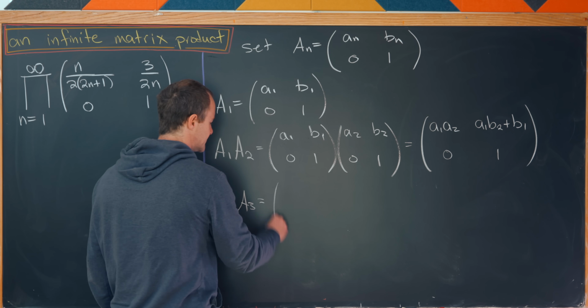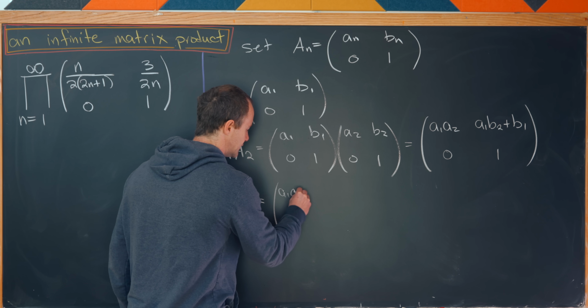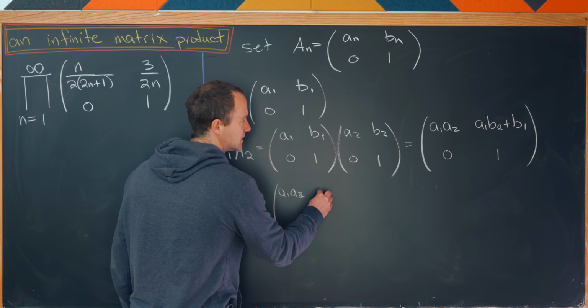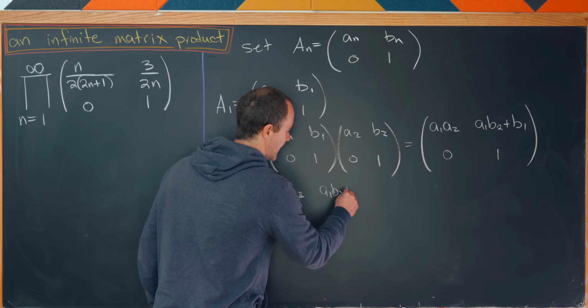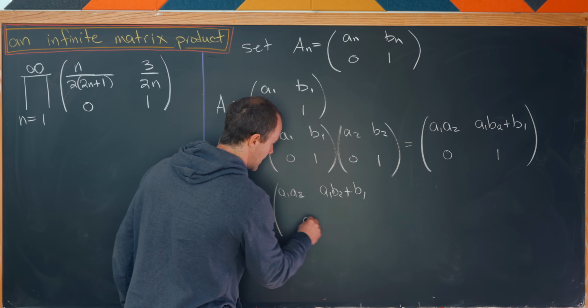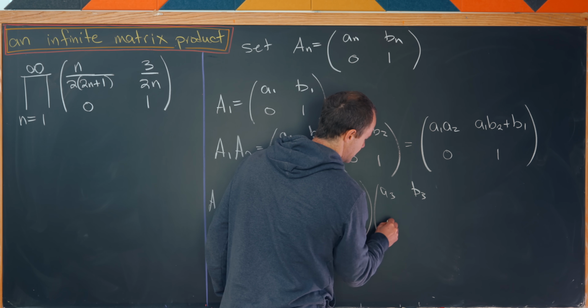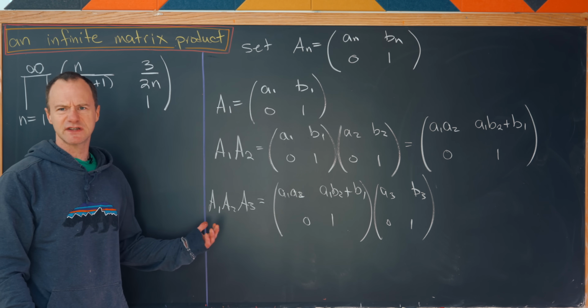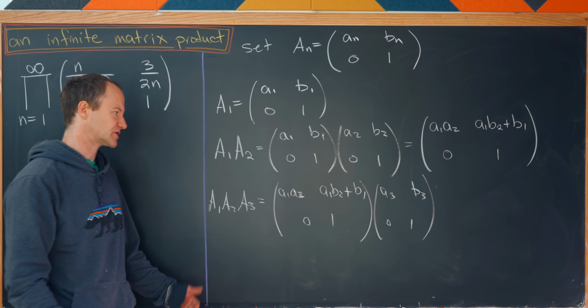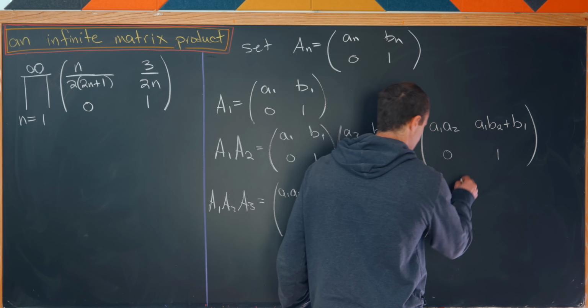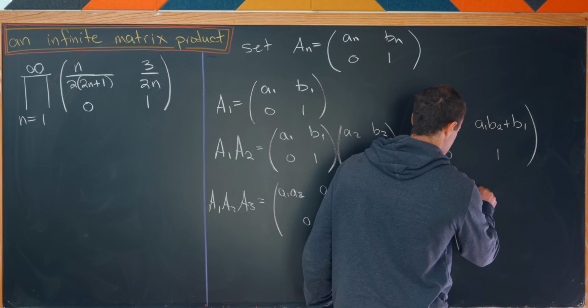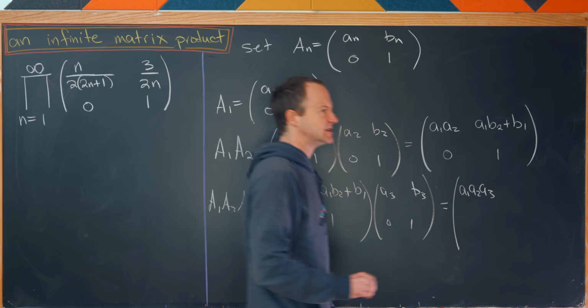Now let's see what we have for A1, A2, A3. I'll use the form for A1 A2 that we've already figured out, which we can just bring down. And then A3 will be the matrix a3, b3, 0, 1. Using our standard rule for matrix multiplication again, that'll give us this form that is fairly easy to generalize.